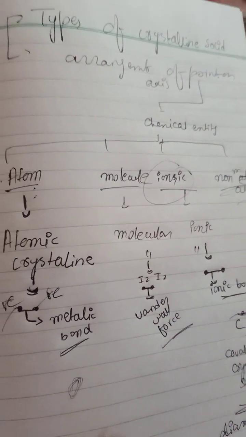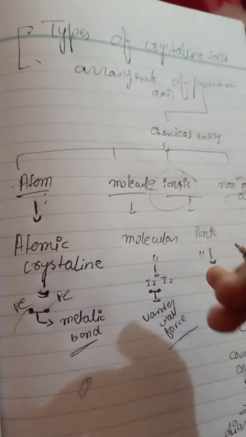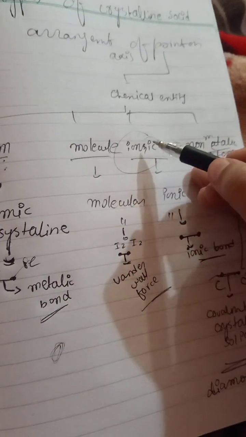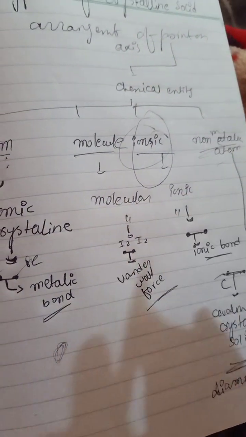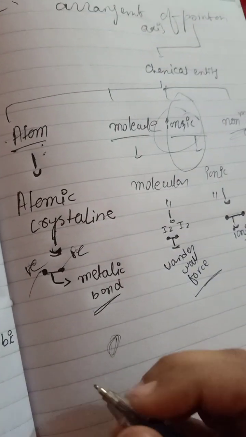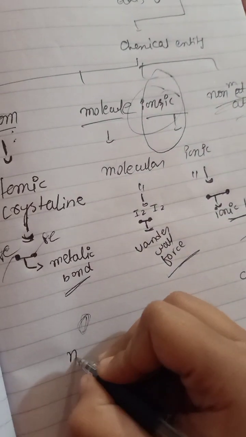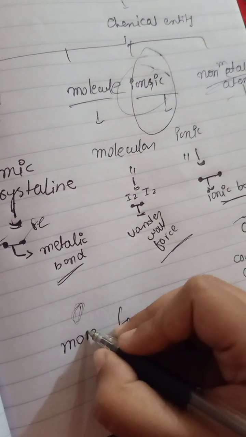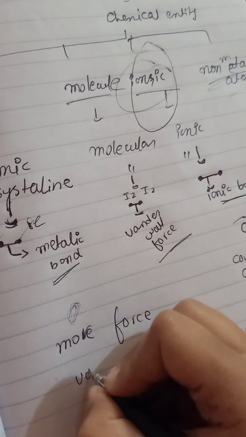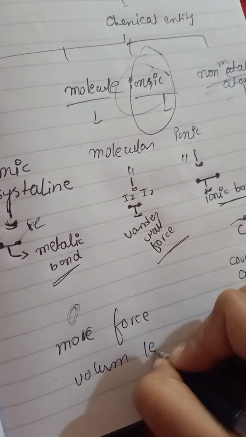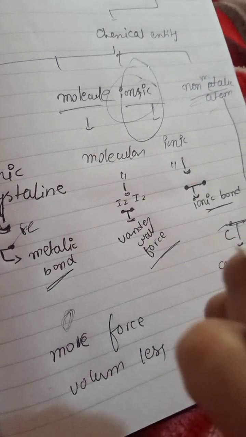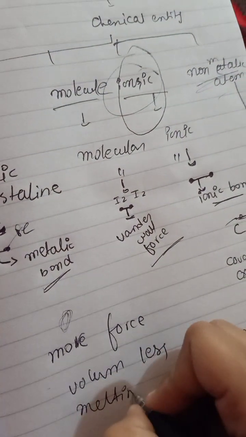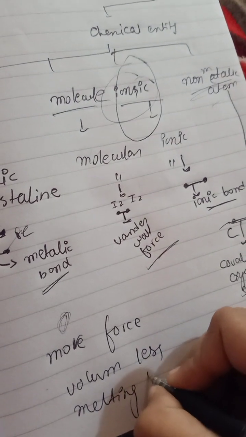Now, the difference: among all of these, which bond is stronger? I will say the ionic bond, just because of the ions. The ionic crystal will have more force as compared to the other four. The volume will be less because they are tightly packed, and they will have a higher melting point because of the stronger force.